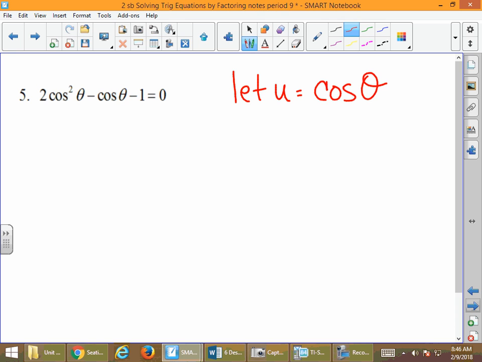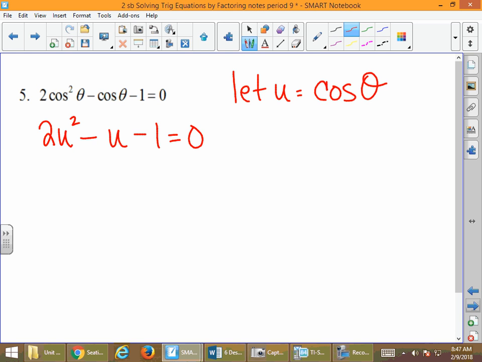The only reason we do that is to help us factor a little bit easier. So this becomes 2u squared. Instead of writing cosine, we're going to write u. It says cosine squared of theta, so we need to square that u. Minus cosine of theta, which is u, minus 1 equals 0.